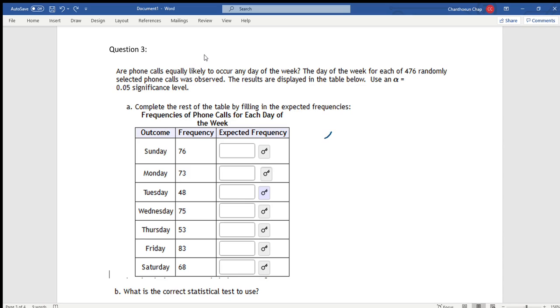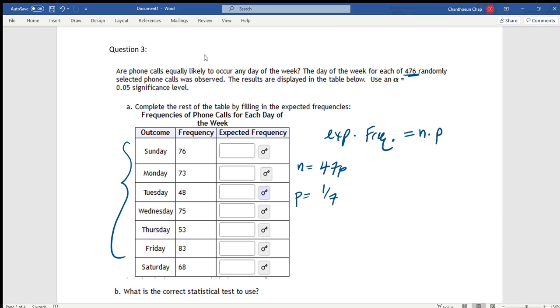We'll use the formula. Expected frequency is equal to n times p. N is our sample size. In this question, we have the sample size is 476, and the probability is 1 over 7. Where did we get 1 over 7? Well, there's 7 days of the week, and we're assuming that it's equally likely.